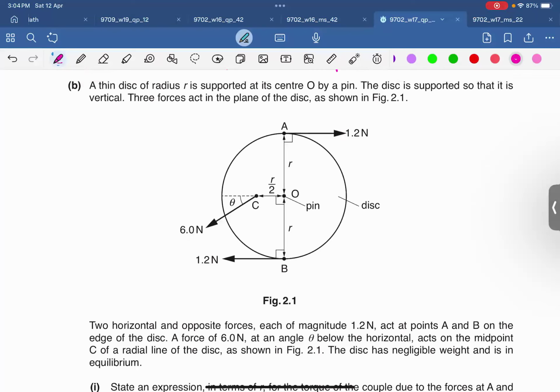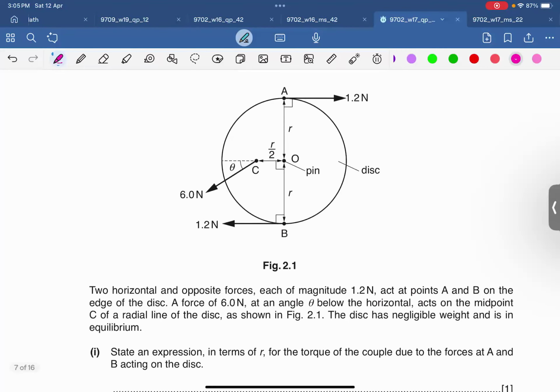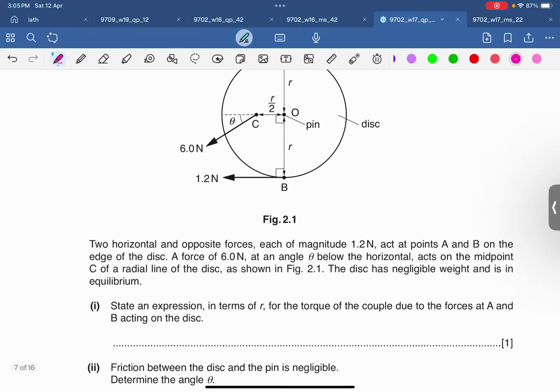A force of 6 newtons at an angle theta below the horizontal acts on the midpoint C of the radial line of the disc, as shown in figure 2.1. The disc has negligible weight and is in equilibrium. State an expression in terms of R for the torque of the couple due to the forces at A and B acting on the disc.